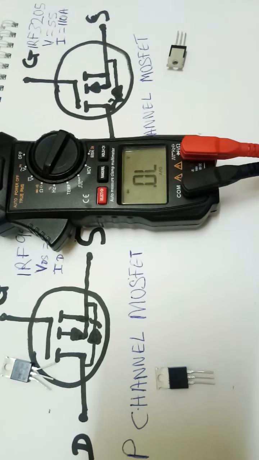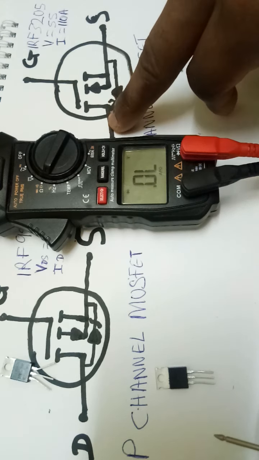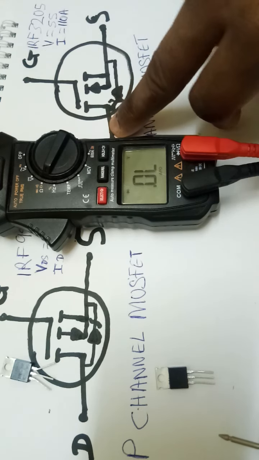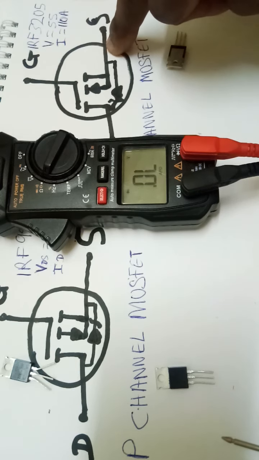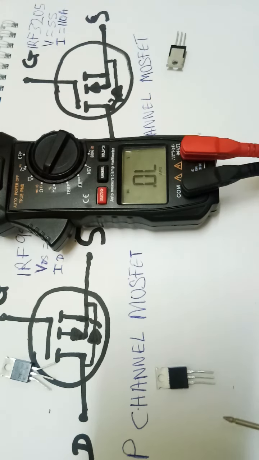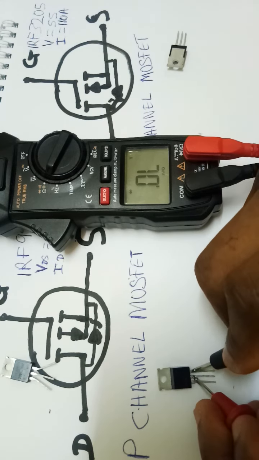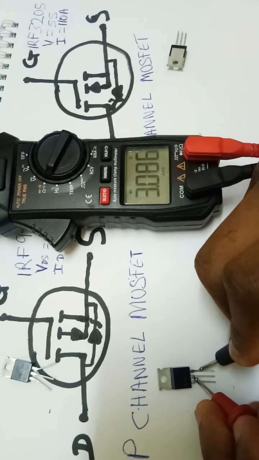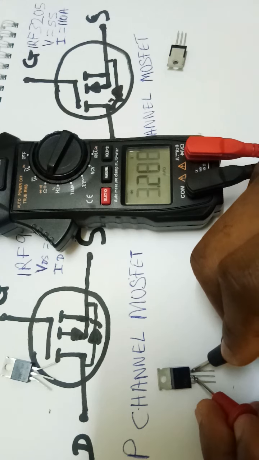It's supposed to be an open circuit as indicated here. If I place the red probe here and the black probe here, this diode is now reverse bias. It's not supposed to conduct. As you can see, it's conducting. This shows that it is not an open circuit. It's a bad MOSFET.